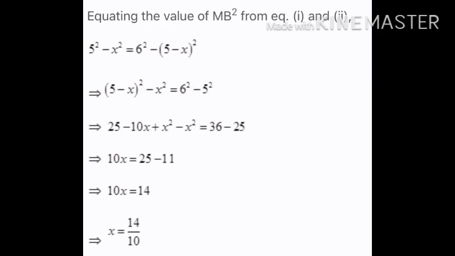We get 5 square minus x square is equal to 6 square minus (5 minus x) whole square. So (5 minus x) whole square minus x square is equal to 6 square minus 5 square. After solving this, we get 10x is equal to 25 minus 11. Therefore 10x is equal to 14 and x is equal to 14 upon 10.